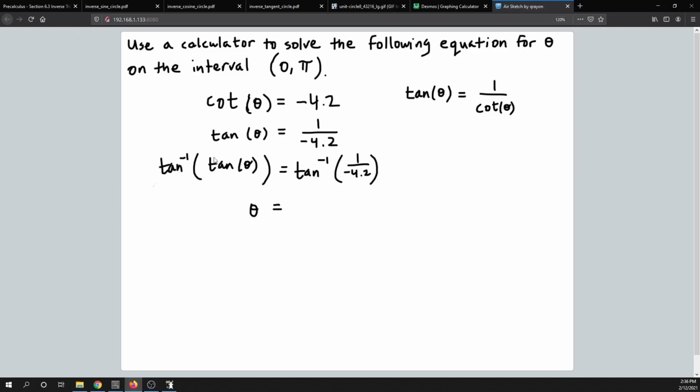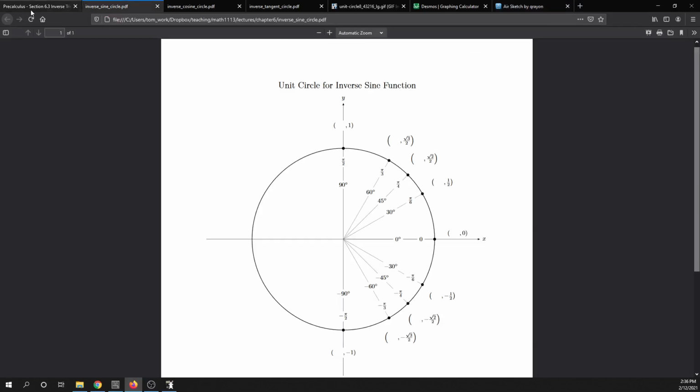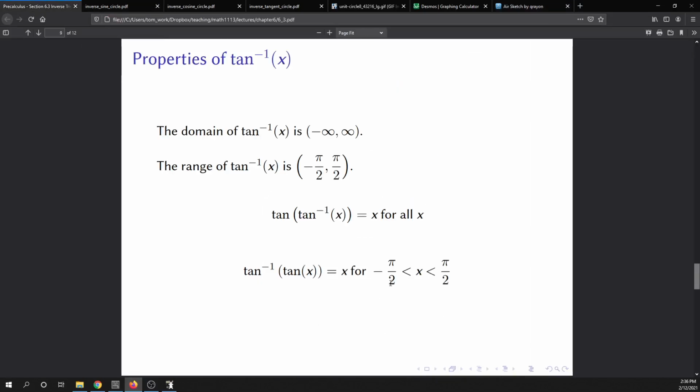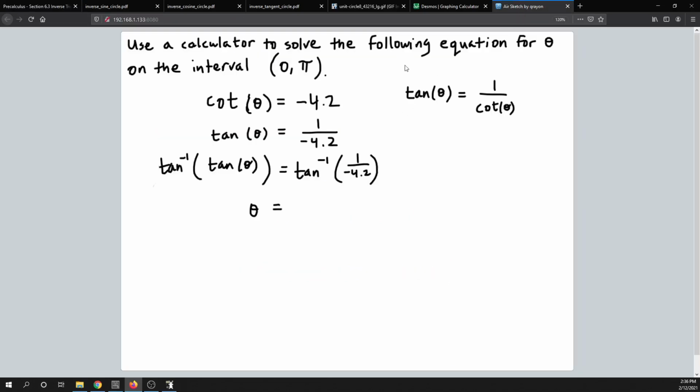All right, so the huge catch in here is, if you go back and look at that slide for tan inverse, it says this is true for x's that are in between minus pi over 2 and pi over 2. But if you look at the interval that they give us on this, it's from 0 to pi.